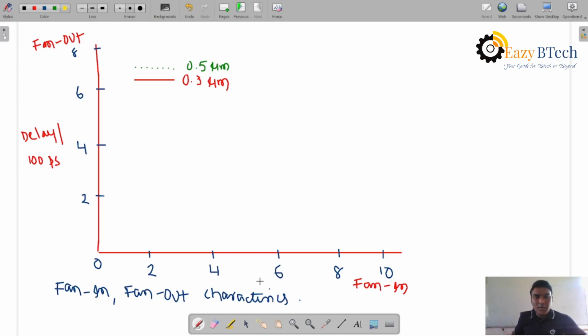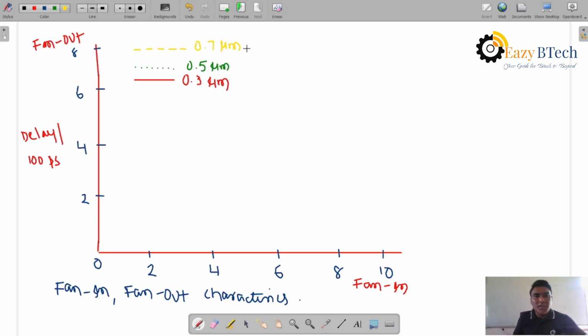let us take another one, 0.7 micrometer. This is 0.7 micrometer technology, 0.7 micrometer gate area. So 0.3 micrometer feature size of the gate, 0.5 micrometer gate size.